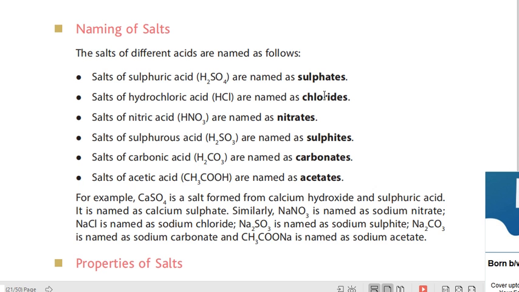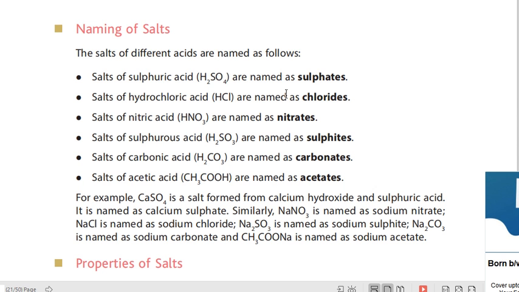Sulfate is at the end, so we put this salt in the category of sulfate salt. Calcium is taken from the basic part, but the surname is sulfate.